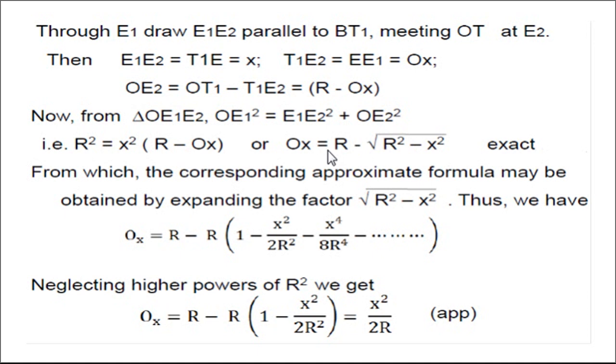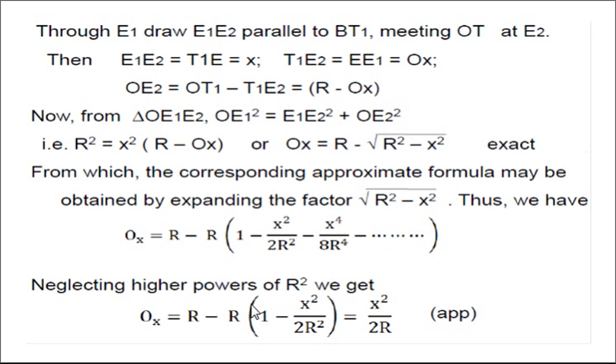Then we want to find out the approximate formula, for which the corresponding approximate formula may be obtained by expanding the factor root of R squared minus x squared, as we have done in the previous method. Thus, by expanding binomially we get OX is equal to R minus R into (1 minus x squared upon 2R squared minus x raised to 4 upon 8R raised to 4 minus so on).